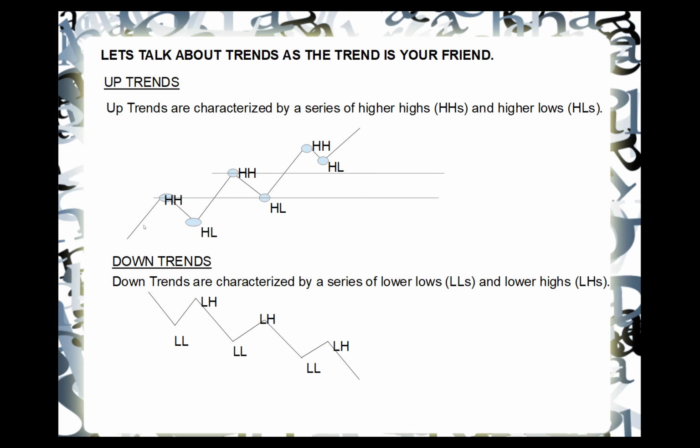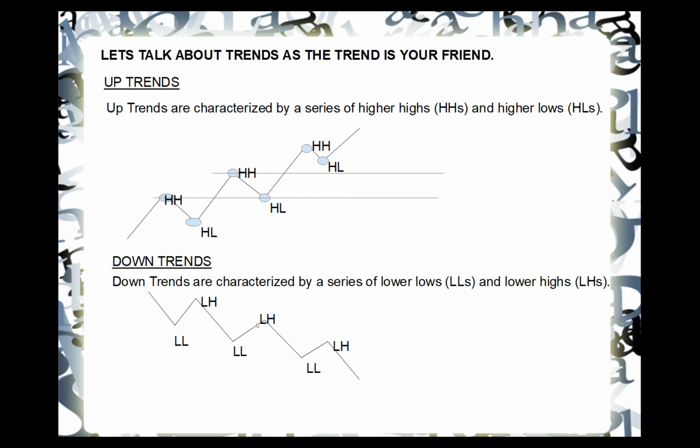So you'll notice that price comes up, it comes back down, and then it comes up and makes a higher high, and then it pulls back a little bit, and then it repeats the cycle again. So you'll notice a series of higher highs and a series of higher lows. This is a good pattern. This is a bullish pattern. This is something that's in play that you want to be trading.